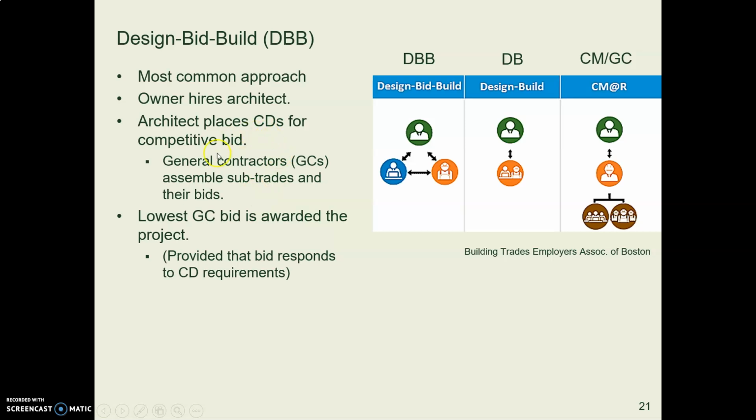And then the general contractor and the subcontractors all assemble their bid, and the lowest bid is awarded. So the general contractor pulls together the sub bids and submits just one general bid. So in this kind of process, the lowest bid gets the project. And this kind of process is often required in public projects.